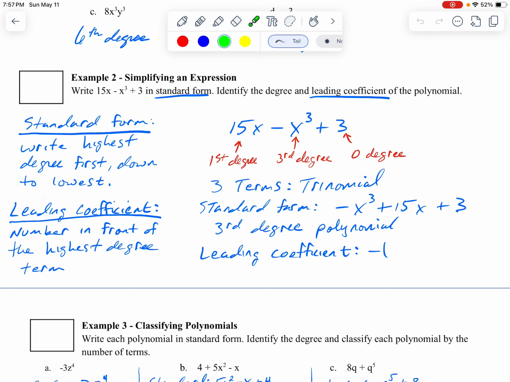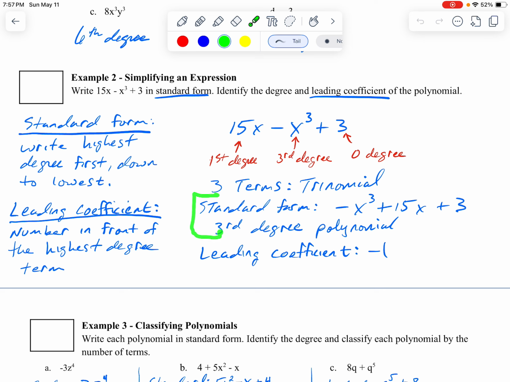Second term is a third degree. And this is a 0 degree. So when we rewrite this in standard form, we're going to put this third degree term first, our first degree term second, and our 0 degree term third. So that's what we did right here.